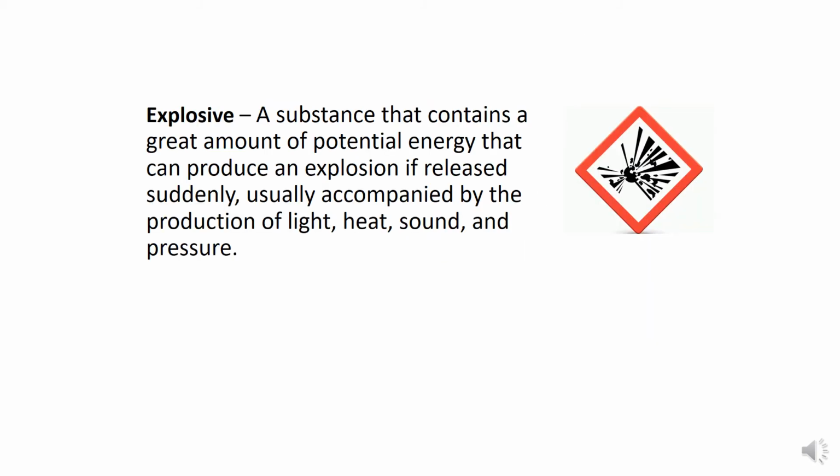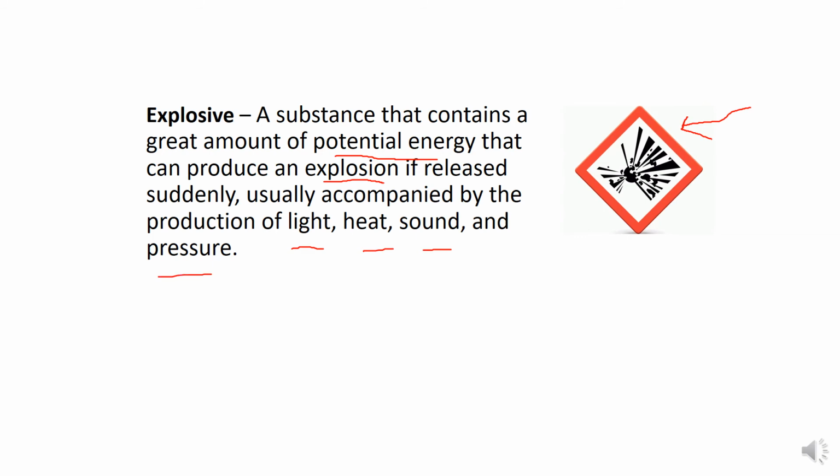And of course, another category is explosive, and you can see this sign of explosive on the labels. These substances contain some amount of potential energy that can produce an explosion. Whenever an explosion happens, there is a sudden release, and it produces a lot of heat, light, sound and pressure.